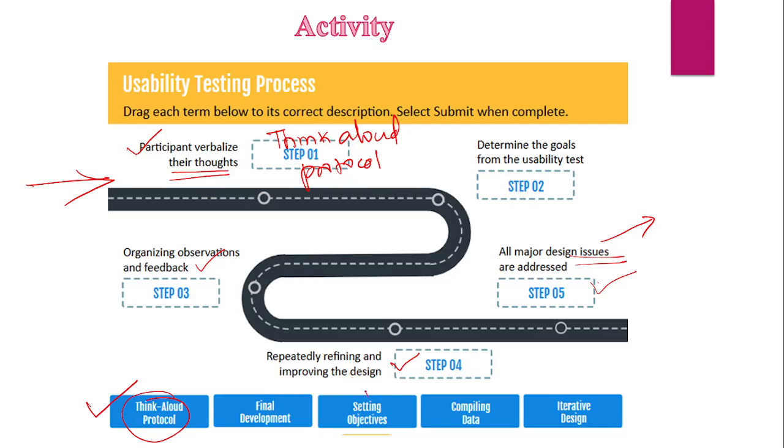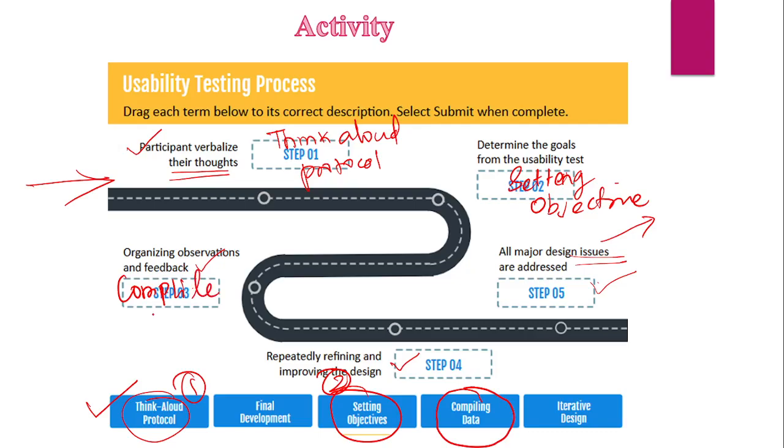It means that you are setting the objectives, so here you have to determine the goal. It means you are setting the objective for the test. Step 3, after setting the objective, you have to compile the data. Compile the data means you are getting the feedback from the different users. That has to be compiled over here.